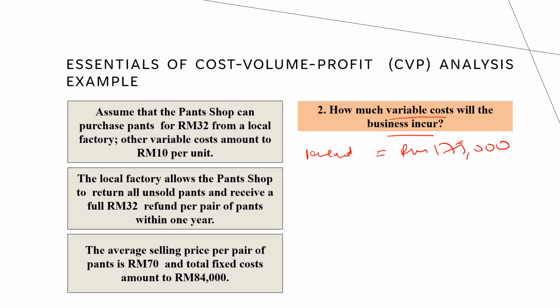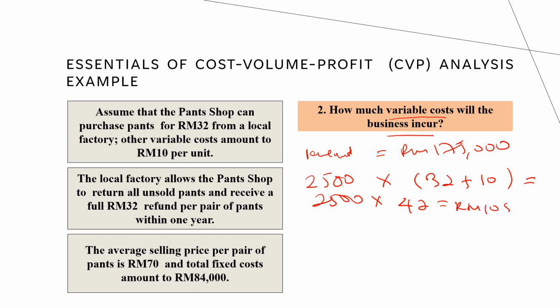So how much is the total cost? The total cost of selling 2,500 units, we times by 32 plus 10, which equals 2,500 times 42, so we get 105,000.